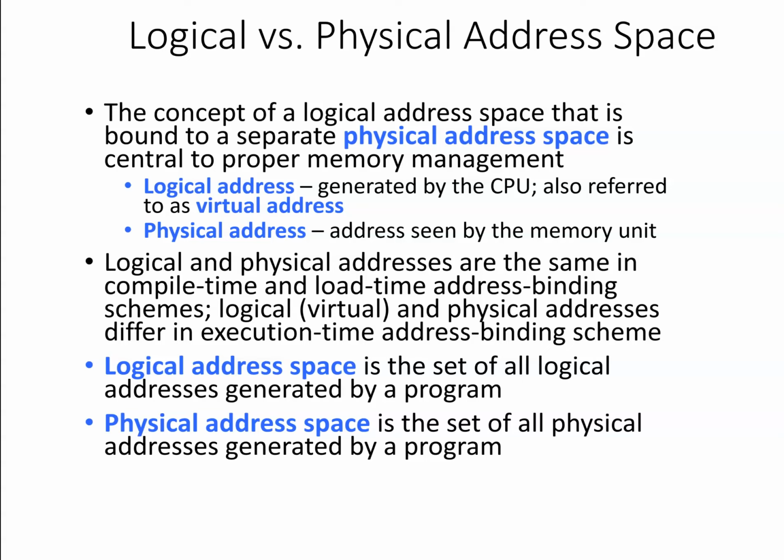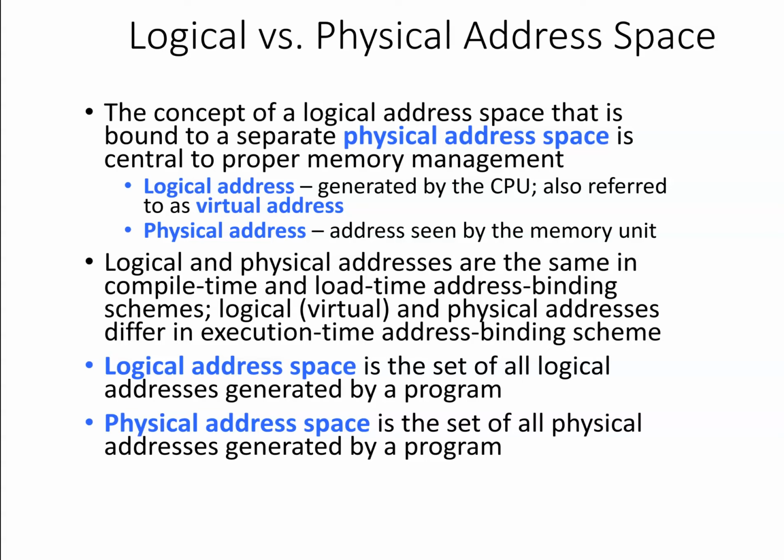A physical address is actually the address in a memory unit. In compile time and load time address binding, logical and physical addresses appear to be the same. The difference is that logical and physical addressing schemes differ in execution time address binding schemes.